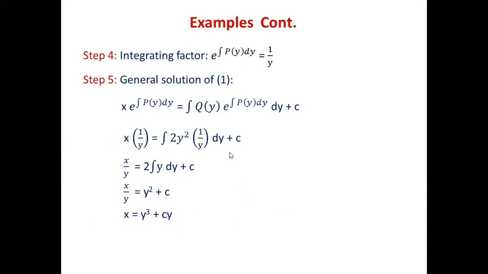So now we are ready to write the general solution. The general solution is obtained by writing x multiplied by the integrating factor is equal to the integral of q of y multiplied by the integrating factor plus c, the integration constant. So here the integrating factor is 1 by y. So x multiplied by 1 by y is equal to the integral of q of y, which is a function of y.